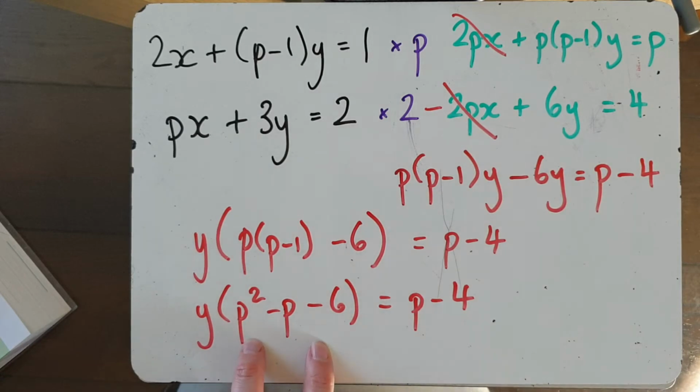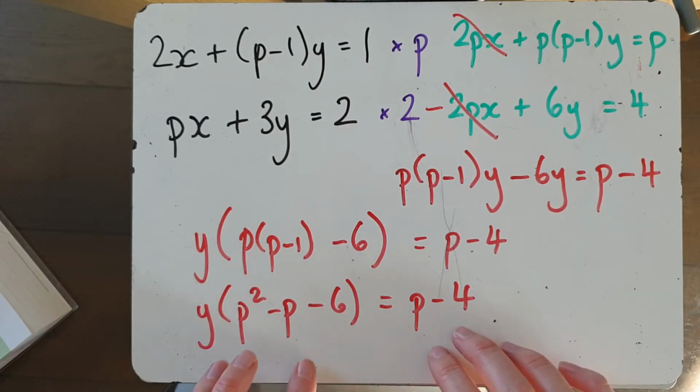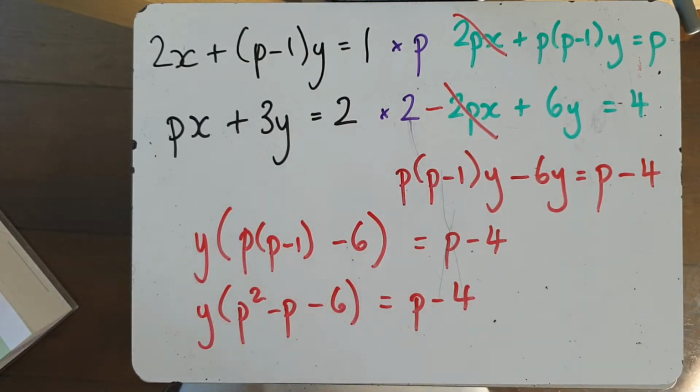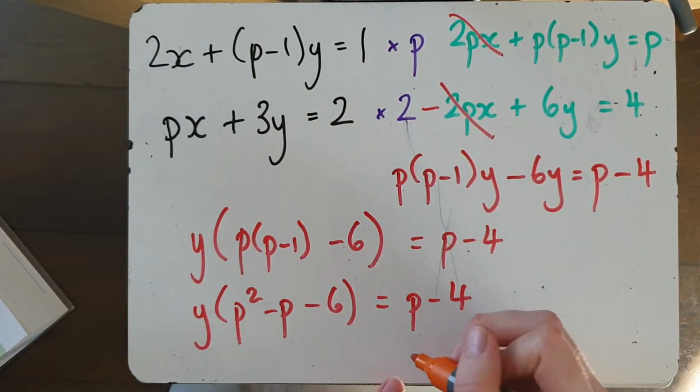Now this bit in the bracket cannot be 0. If this bit in the bracket was 0, then p would need to be 4, but we can see that p equaling 4 would not make this bracket 0, so you'd have 0 on this side and not on this side. The other way of thinking about it is like with our last example.